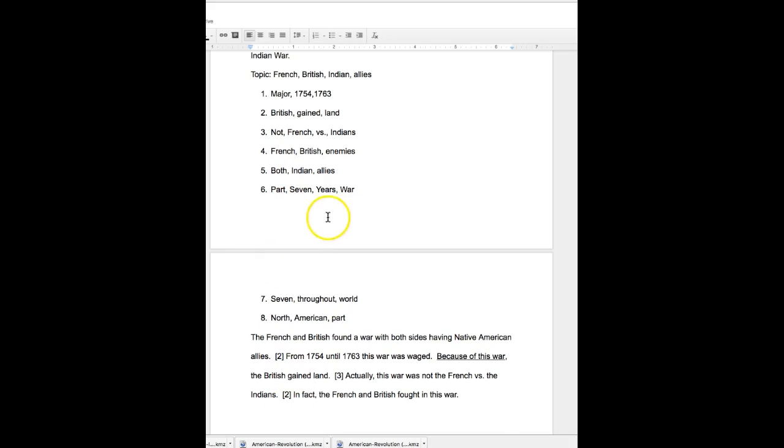Next note, both Indian allies. Okay, so say our sentence would be both sides had Indian allies.